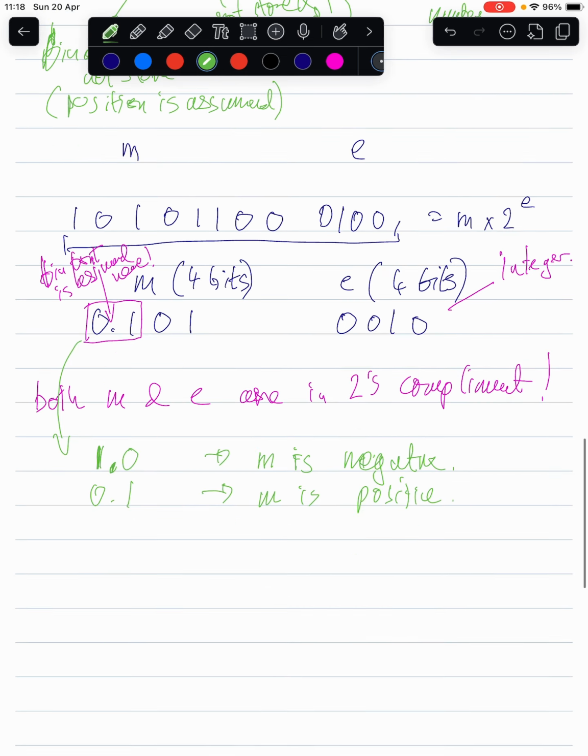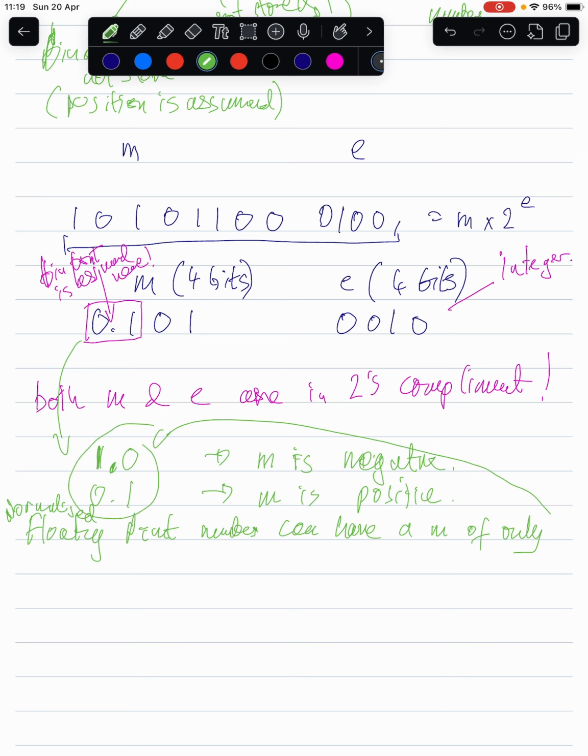Okay. Now, normalized floating point numbers can have a mantissa of only these two.